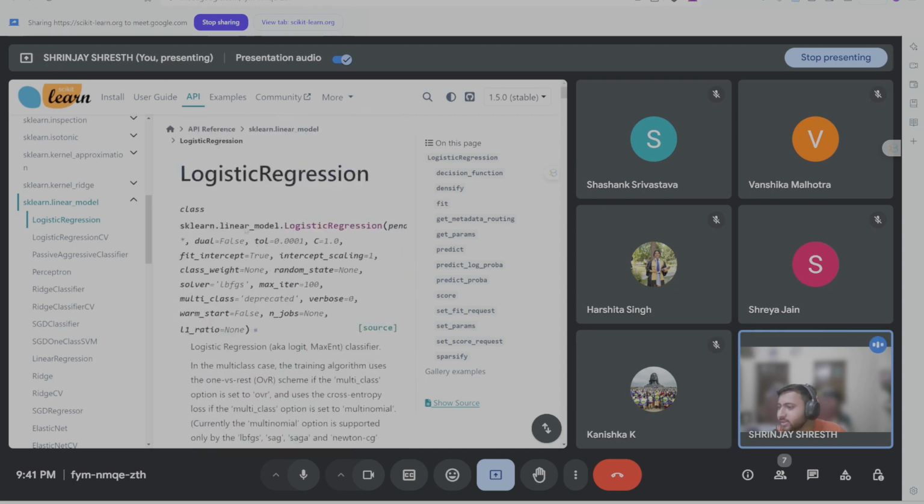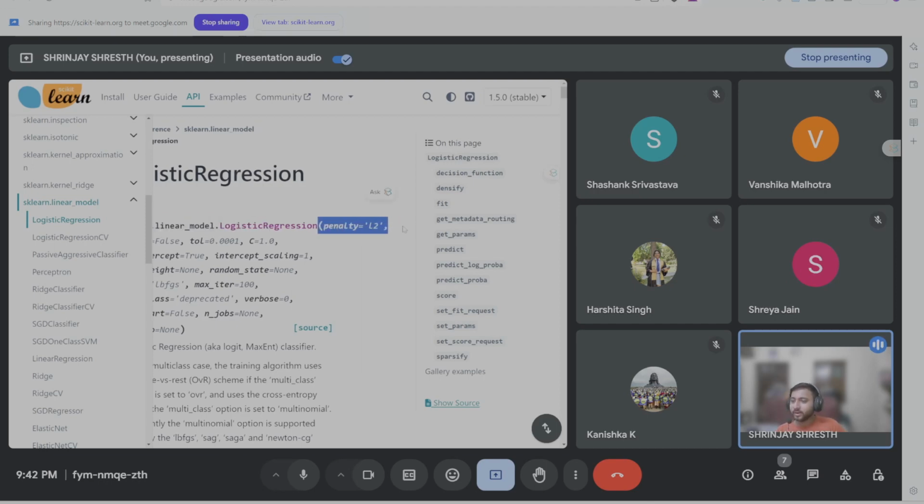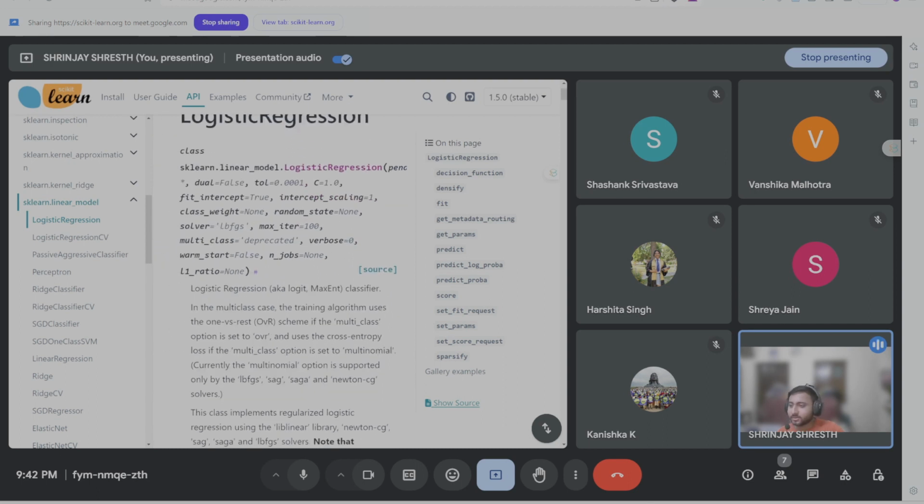How do you use it? First you have to import this. Let's see what different parameters you can work with. There is this penalty, and you have L2, L1. These are types of regularization, like L1 regularization, L2 regularization, and elastic net regularization. We'll see what it does.